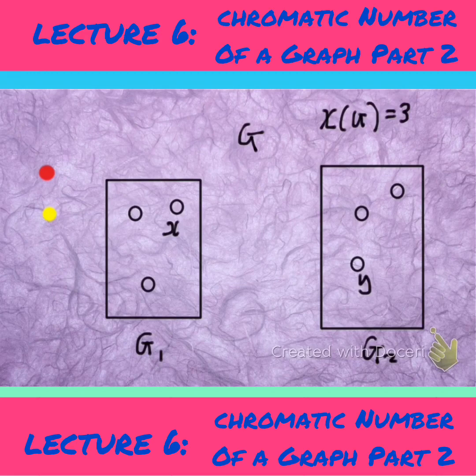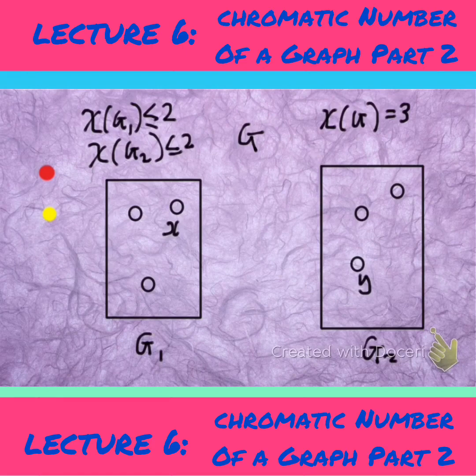So the chromatic number of G1 is at most 2, and the chromatic number of G2 is at most 2.